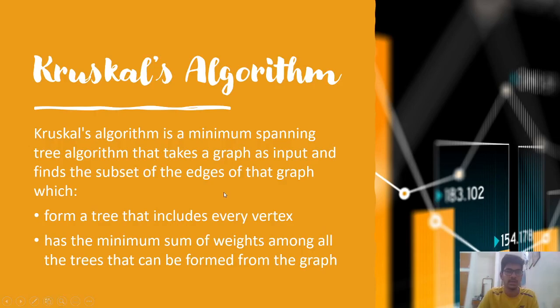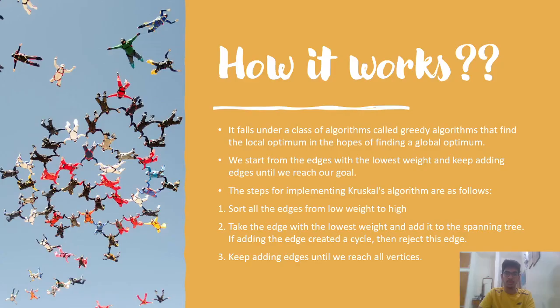Kruskal's algorithm is a minimum spanning tree algorithm that takes a graph as input and finds a subset of the edges of that graph which form a tree that includes every vertex and has the minimum sum of weights among all the trees that can be formed from the graph. And how does Kruskal's algorithm work?